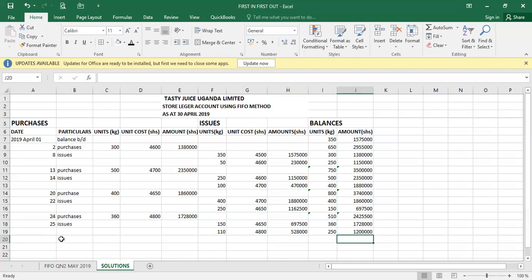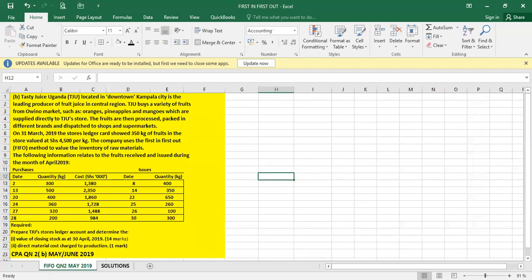That one is done. We go on to the next day. This was 25th. Then we go to 26th. First finish this one.